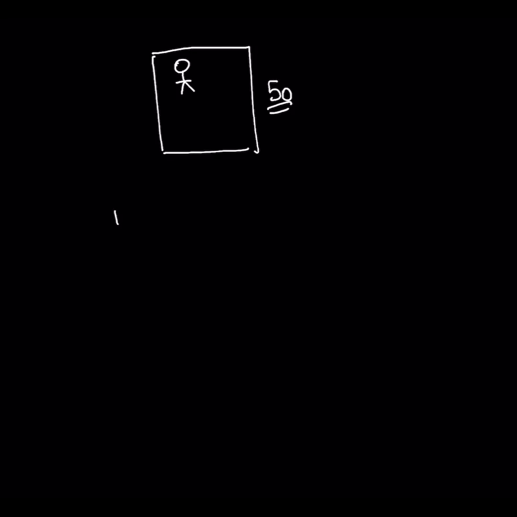Okay, let's try another example. So let's imagine this time that our gymnasium has 50 people inside of it, and one person in here is sick. So it's 1 per 50 are sick, right?